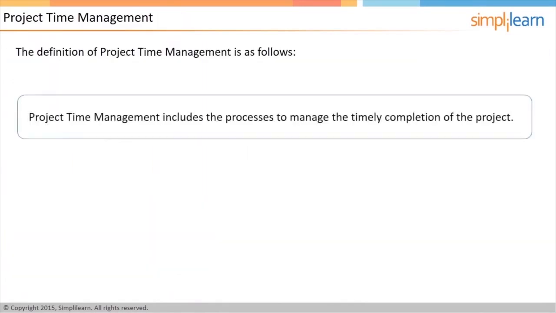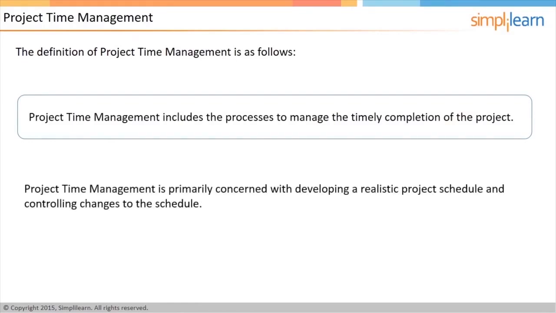The purpose of project time management is to ensure that the projects get completed on time. This knowledge area is primarily concerned with developing a project schedule and ensuring that project goes as per the agreed schedule. If there is a need to change the project schedule, the change should happen by following a proper change control procedure.